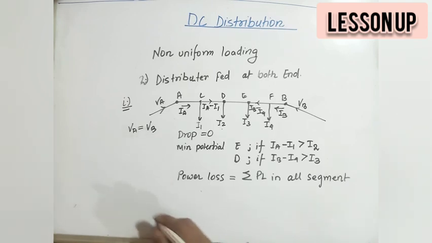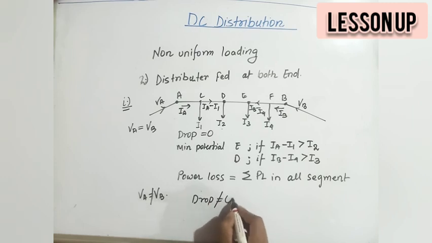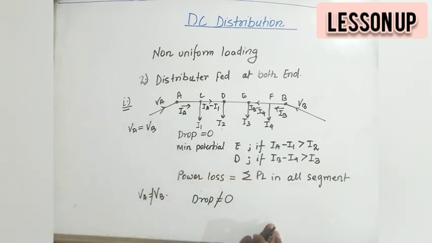What happens if VA is not equal to VB? If we are not supplying equal voltage, then the voltage drop will not be equal to 0, but the remaining calculation will be similar to the previous case we have seen.